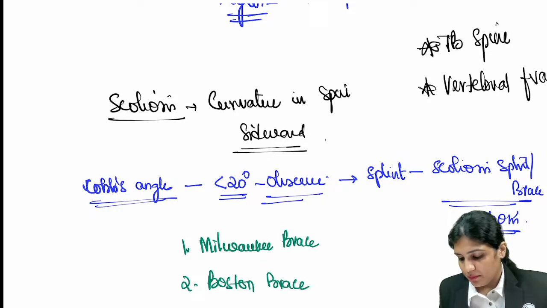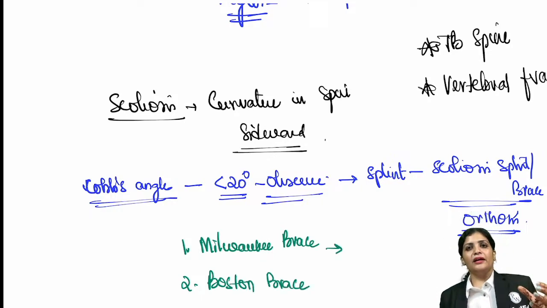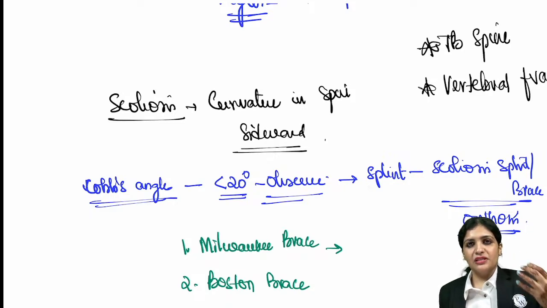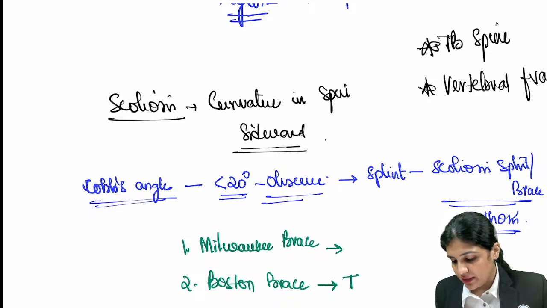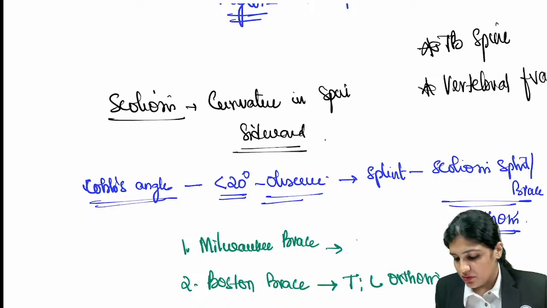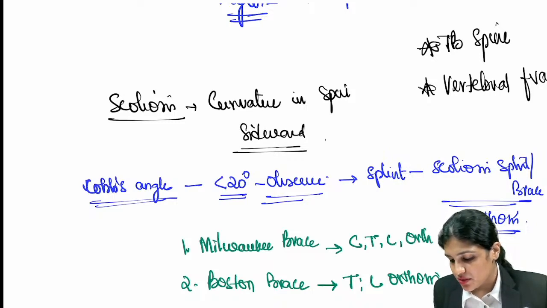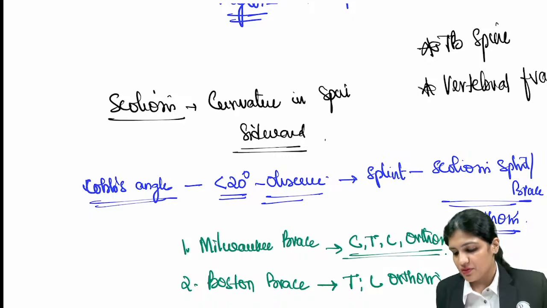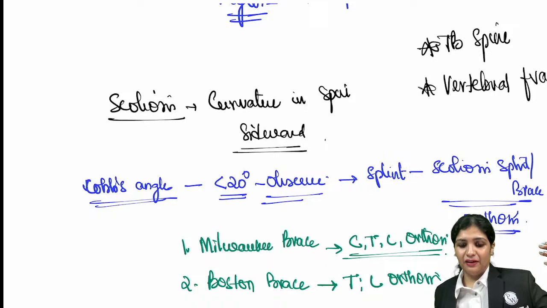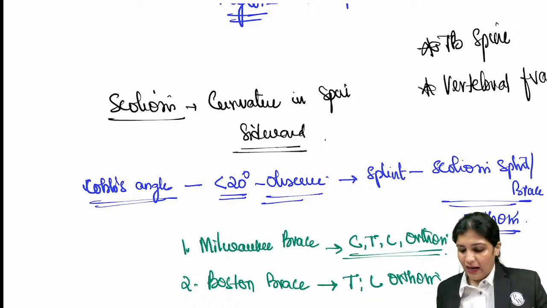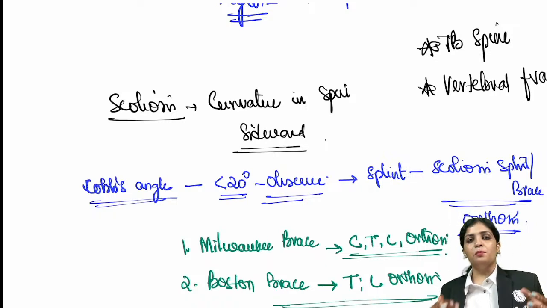Milwaukee brace includes the cervical, thoracic, lumbar orthosis, and Boston is thoracic and lumbar orthosis. For higher curves, whenever the curve is extending in the upper thoracic and the cervical, you go for Milwaukee brace, and for the lower ones you go for your Boston's brace.